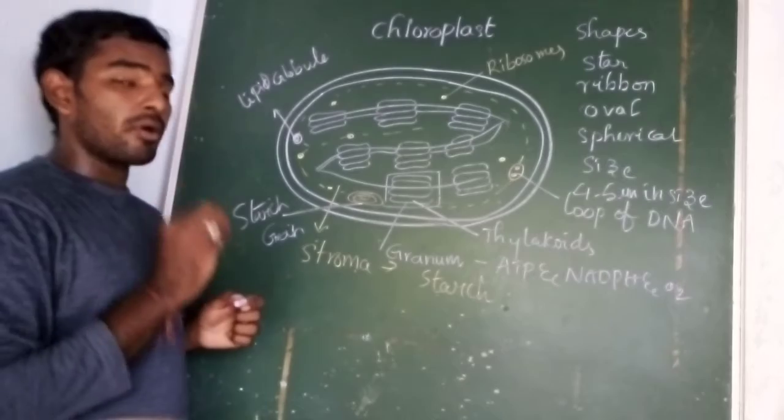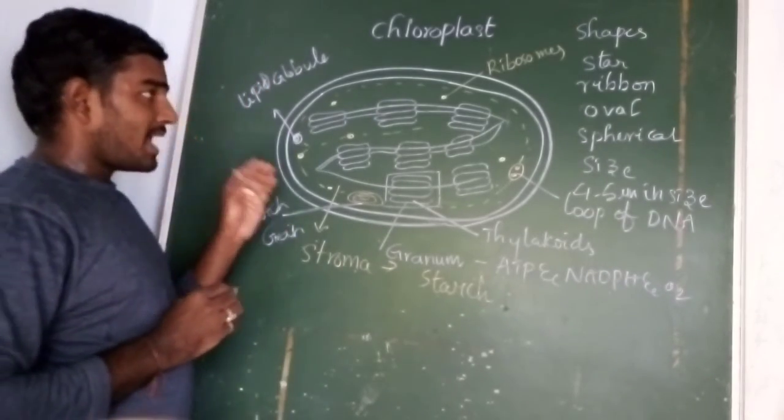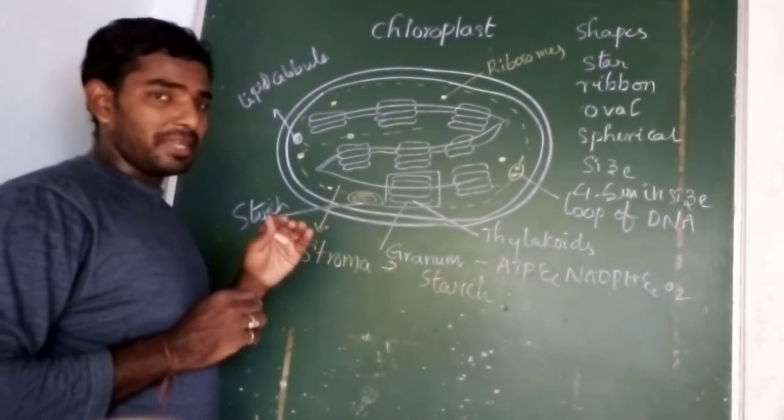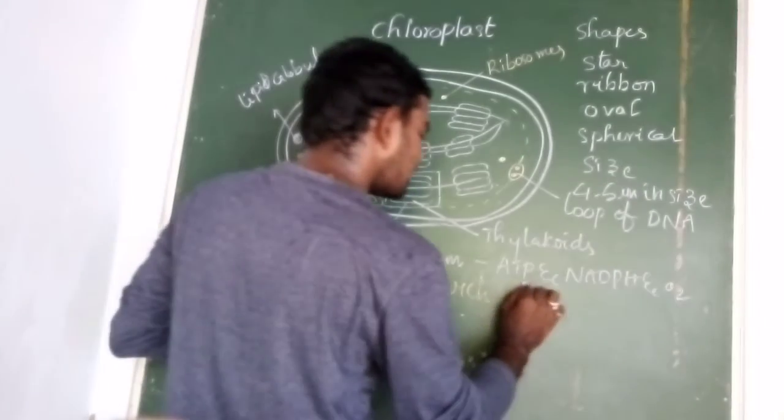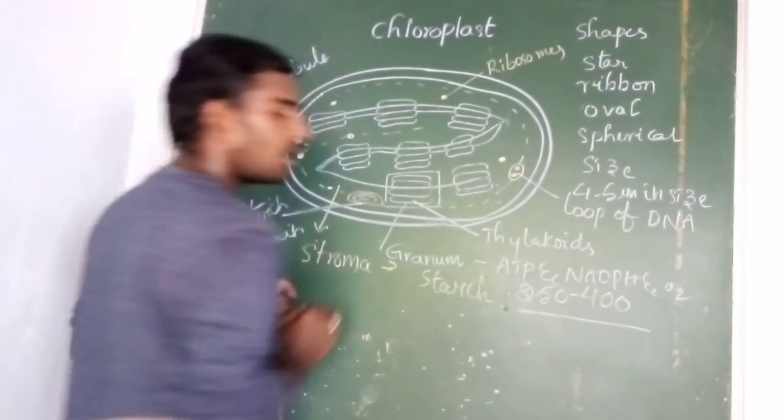This is the structure of the chloroplast along with the labeling. This is also an important diagram in the first lesson, carrying 4 marks. Each chloroplast contains the chlorophyll pigments, nearly 250 to 400 chlorophyll pigments.